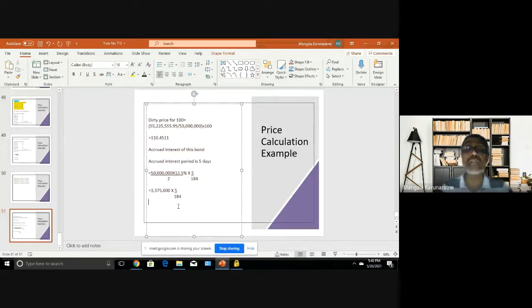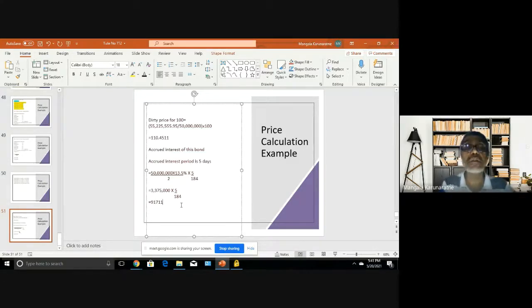So what is the answer you get? 3,375,000 into 5 divided by 184. You get 91,711. This is the answer you get.